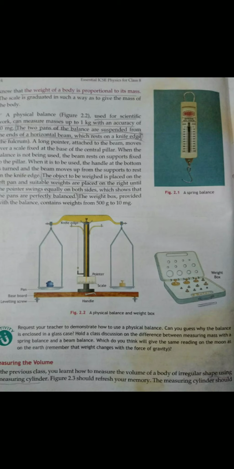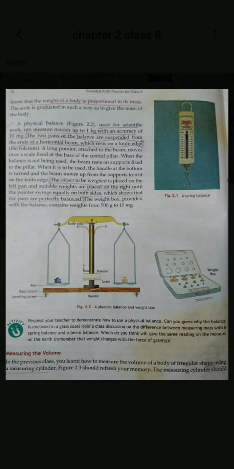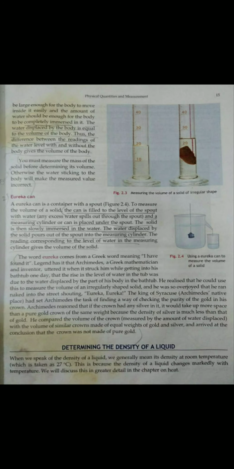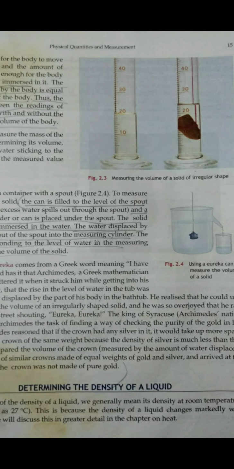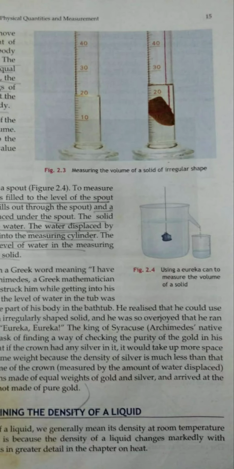Then you have how to measure the volume of an irregular solid. This again you have studied in class 7th. See what we are doing. We have this measuring cylinder and we have filled water up till 20 ml. Now you tie the irregular solid with some string and immerse it inside the water.